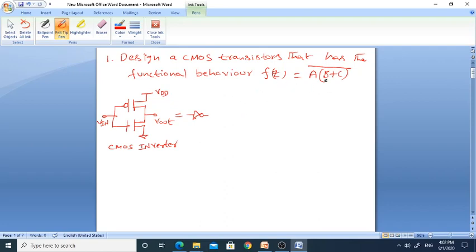For implementation of this function, we must remember one thing.